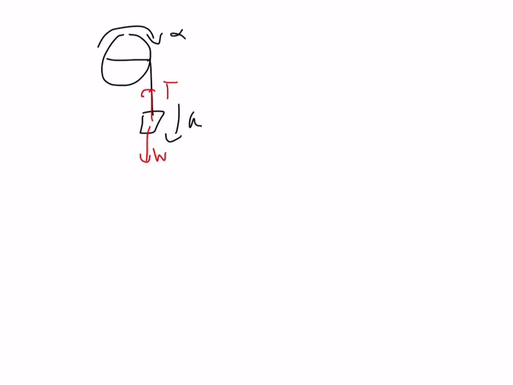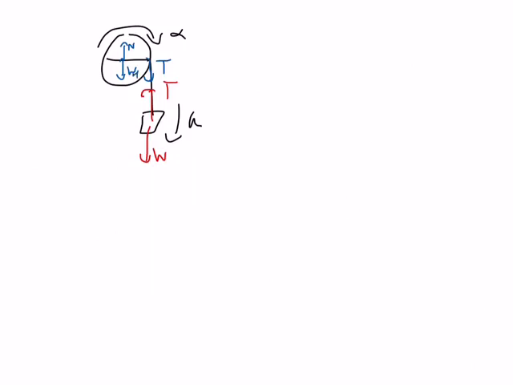The hoop has a tension that pulls on one side. There's a normal force that is like the pivot where it's mounted, the axle. And there's a weight of the hoop and rod.